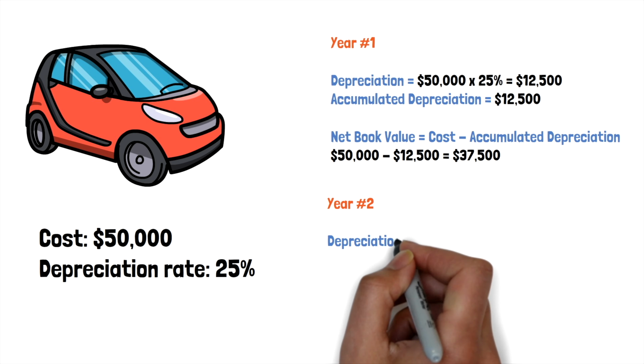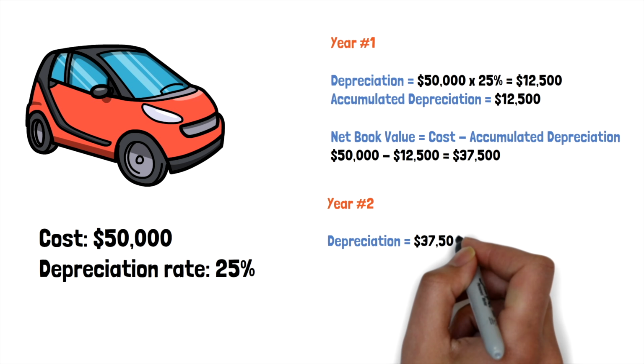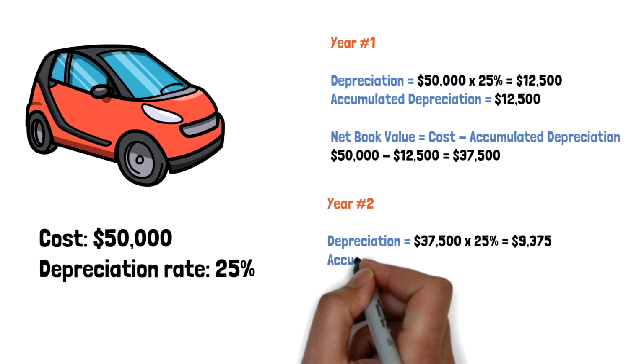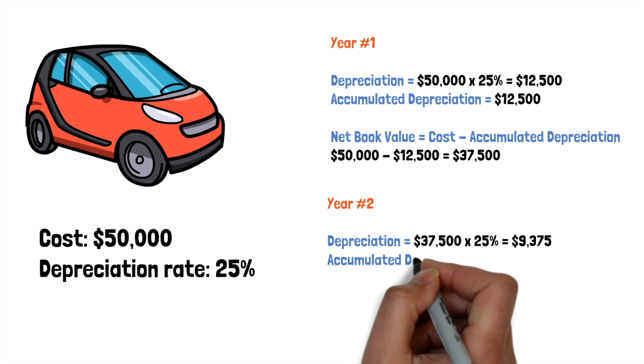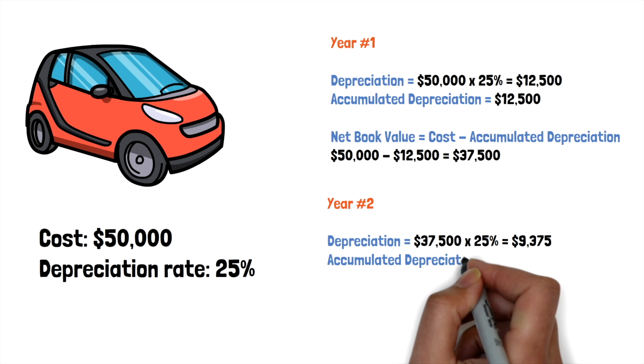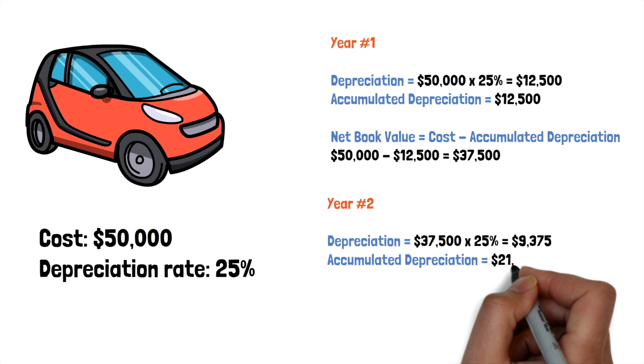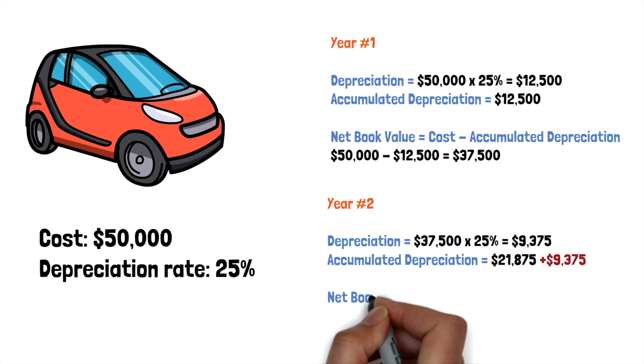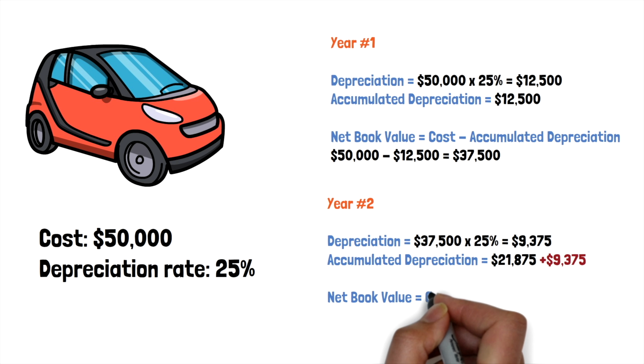In year 2, you will take depreciation expense on the net book value of $37,500 at 25%, which is $9,375. Accumulated depreciation will go up to $21,875, increased by the depreciation expense you took in year 2.